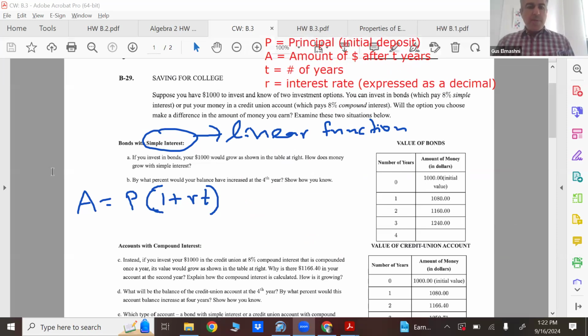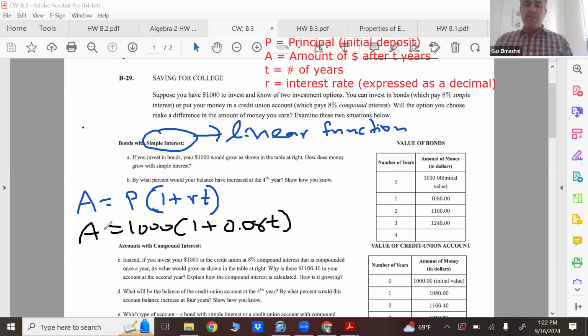So here's how I'm gonna actually work this out. My principal is $1,000. 1 plus, what's my rate again? It's 8% expressed as a decimal. 0.08. Yeah, good. Now, let's distribute.